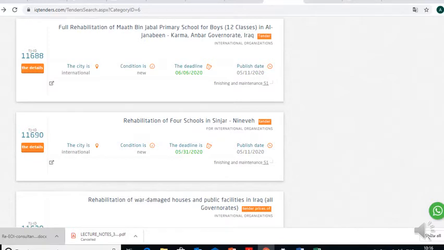They really can't. So there's a rehabilitation of schools there, 4 schools in Sinjar, and then a school in Anbar as well. They need to be reinstated and fixed up so kids can go to school again. And at the bottom you've also got the rehabilitation of war-damaged houses and public facilities in Iraq, and that's a country-wide project.